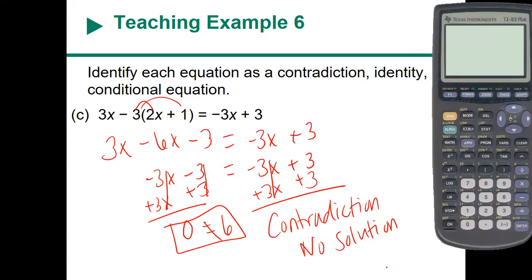And if you come down to a false statement, it's a contradiction and there's no solution. Questions, comments, or concerns about classifying the equation? Sure? Okay.